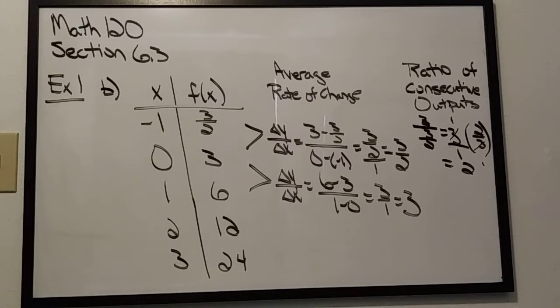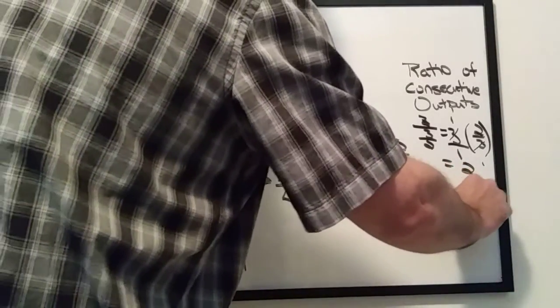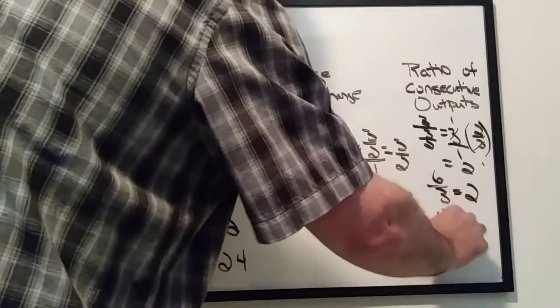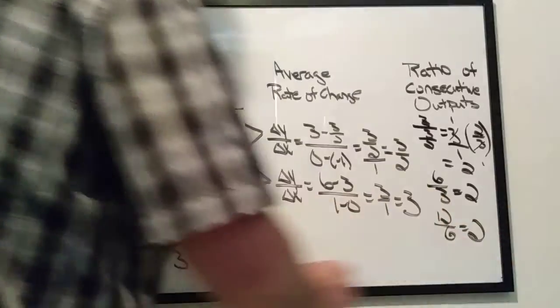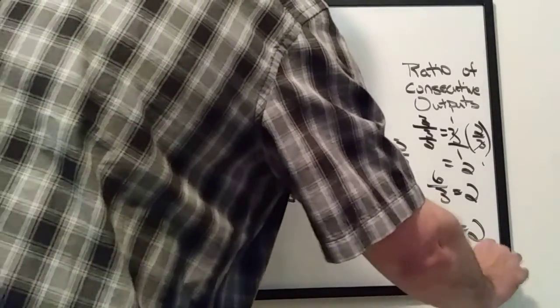So now that we have that then, let's see if we keep on going down the table if we get a constant ratio. Well, here we have 6 divided by 3. That one's a much easier calculation. And yes, 6 divided by 3 is 2. 12 divided by 6, also 2. And 24 divided by 12, also 2.